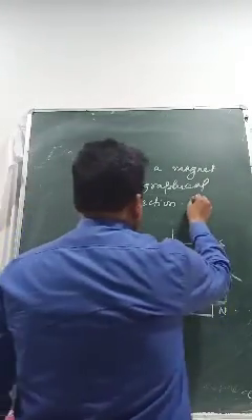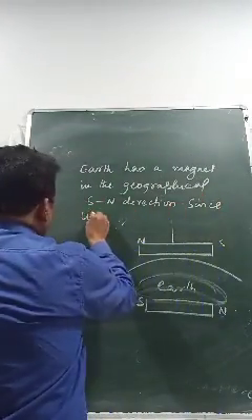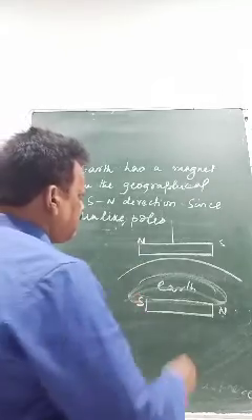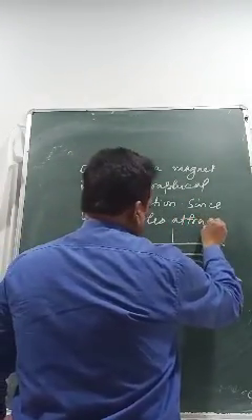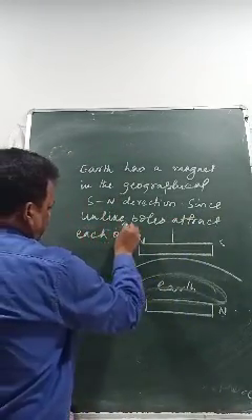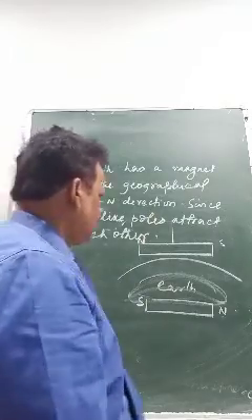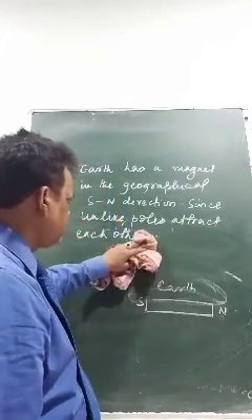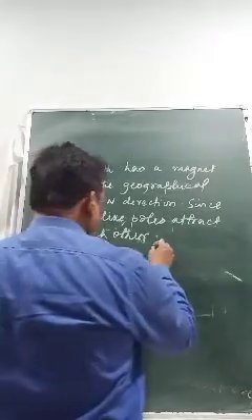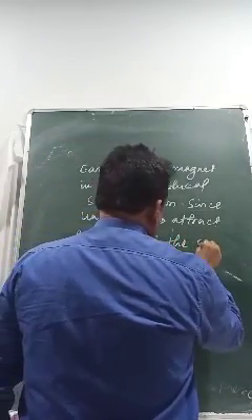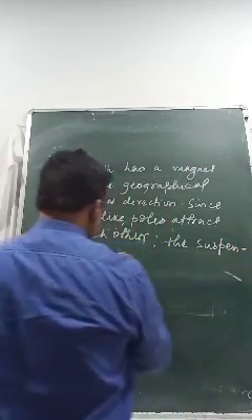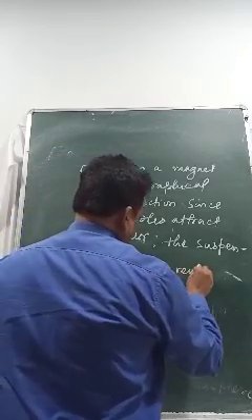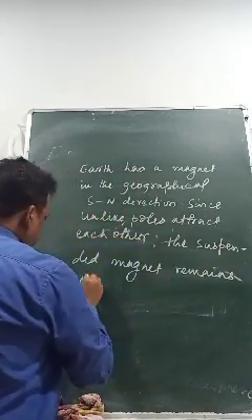Since unlike poles, meaning south and north, attract each other, the suspended magnet remains north south.